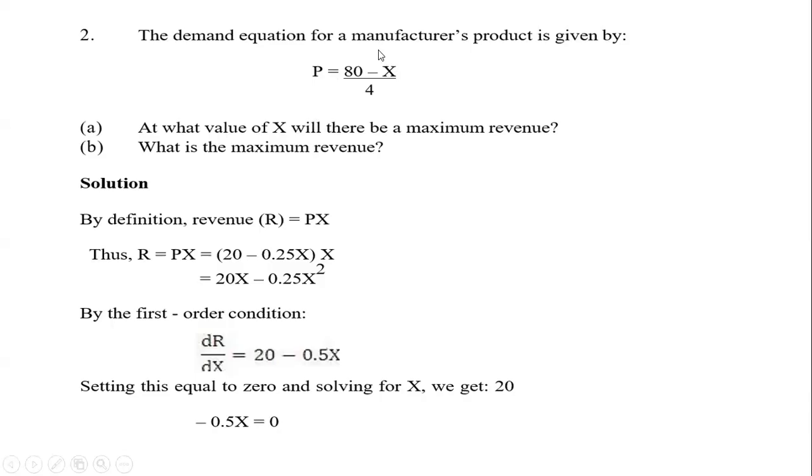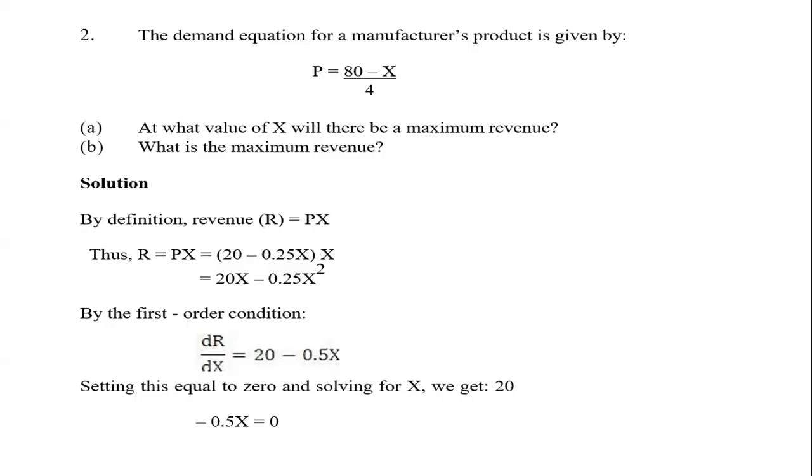All right. It says the demand equation for a manufacturer's product is given by P is equal to 80 minus X divided by 4, which is the same as 20 minus 1 over 4X, which is the same as 20 minus 0.25X.